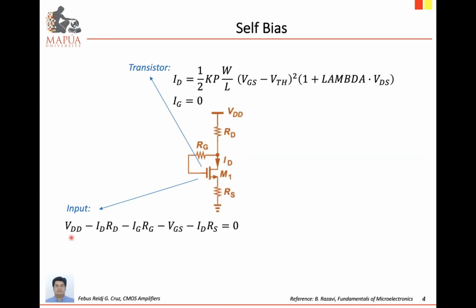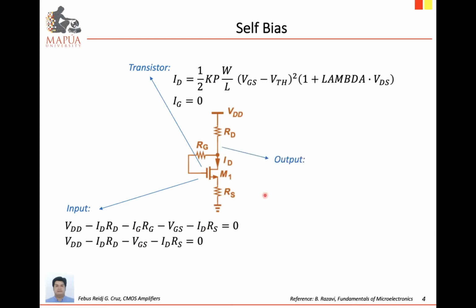So you can have VDD minus IDRD, minus IGRG, gate current times RG, minus VGS, and then minus IDRS. Again, gate current is 0, so we can set IGRG equal to 0. So we can simplify the input equation as VDD minus IDRD minus VGS minus IDRS.